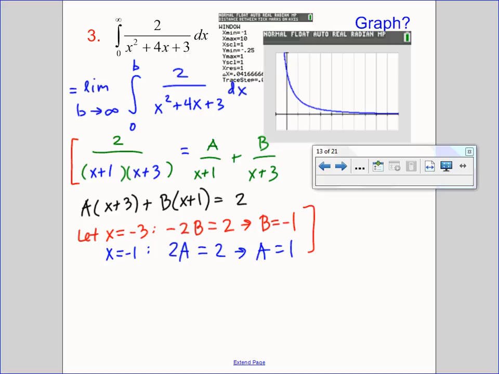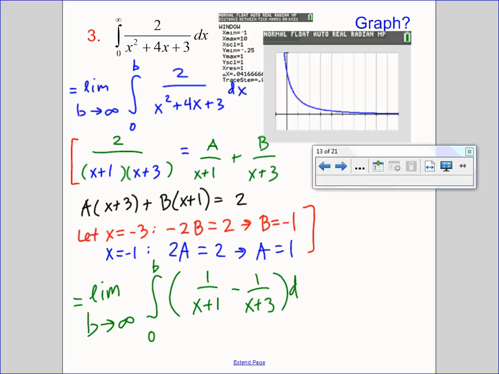And I can rewrite my original now as a limit still as b goes to infinity of the integral from 0 to b of, what do we find out? It's given by 1 over x + 1 minus 1 over x + 3 with respect to x. Is that right? Did I get it? Cool.